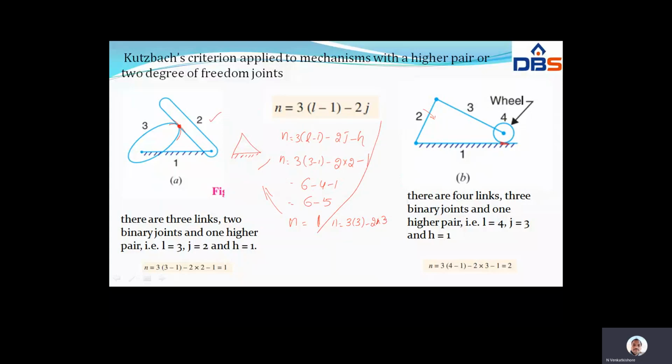So 3 minus number of higher pairs, as 9 minus 5, 9 minus 6 minus 1. 9 minus 7. That is 2, where there are higher pairs, n is equals to 2, and here n is equals to 1.